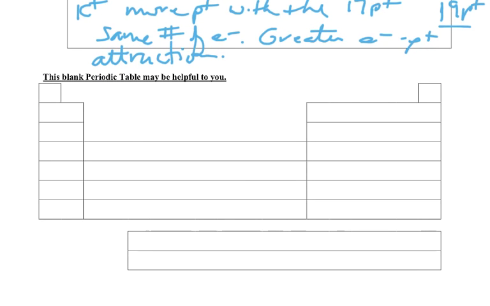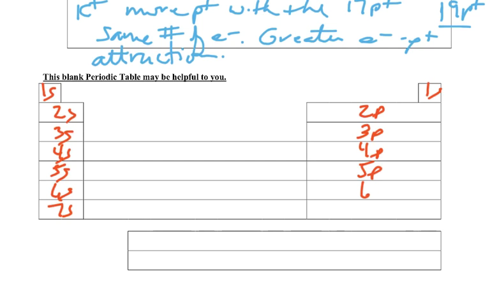Now again, on your table there, you have this little chart, and that's to help you, because you can remember to do 1s, 2s, 3s, 4s, 5s, 6s, 7s. Your p's start with 2p, 3p, 4p, 5p, 6p, 7p. Your d's start with 3d, 4d, 5d, 6d, and the f's start with 4f, 5f.